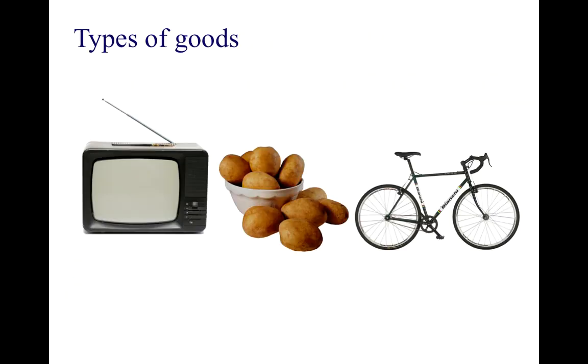So going back to these pictures that I showed you at the beginning, this is a really old TV, like a black and white TV, and this is something you wouldn't really think of buying if you had an increase in your income. As with potatoes, this is quite a common example of inferior goods actually. Most people eat potatoes, but as your income increases, you start to introduce other things into your diet as well.